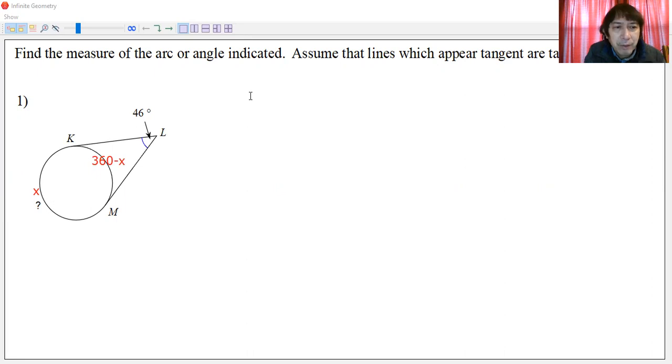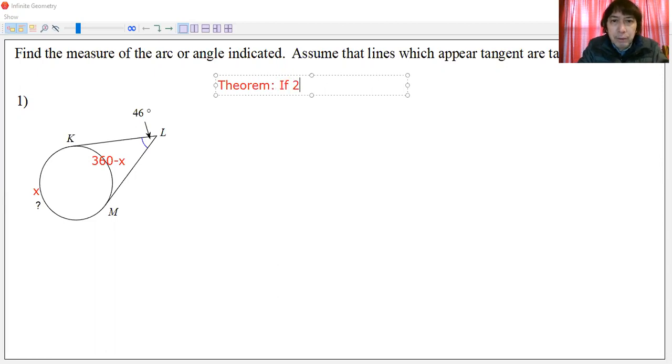And so the theorem here is the intersection of two tangents forming an angle.